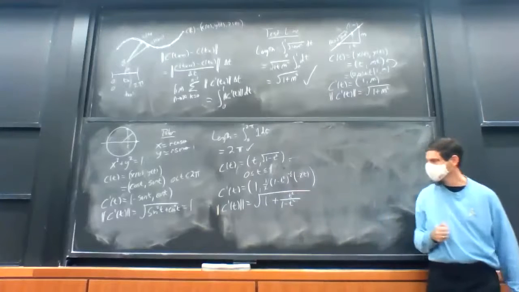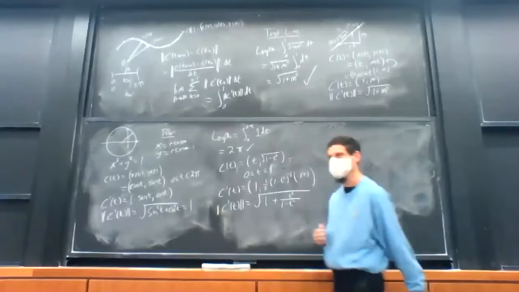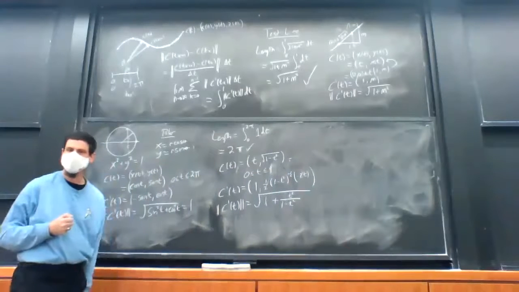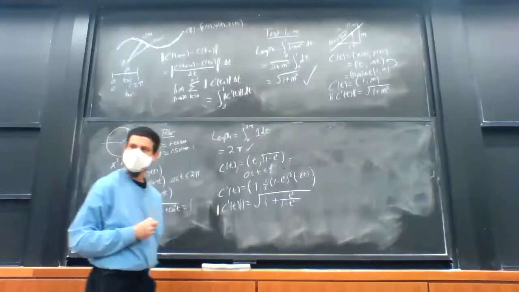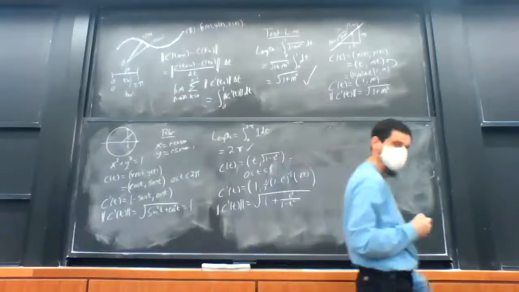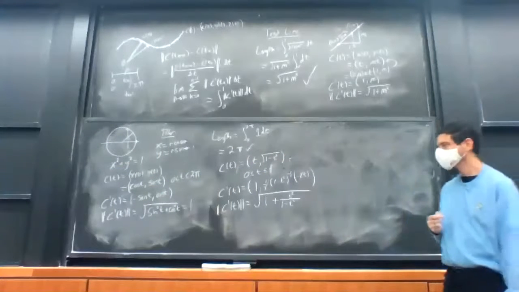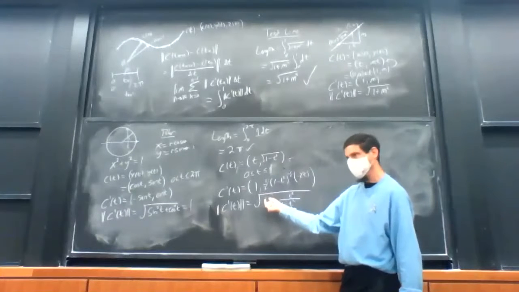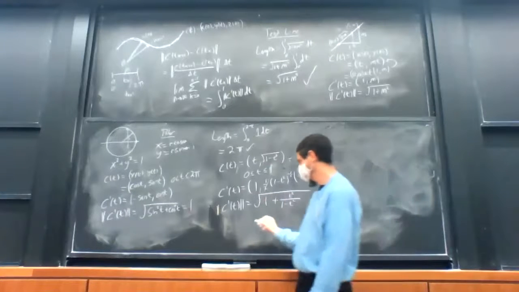So what's 1 plus t squared over 1 minus t squared? How do we handle that? Yeah, common denominator. I multiply this by 1 minus t squared over 1 minus t squared. We get 1 minus t squared plus t squared. Oh, that's not so bad.